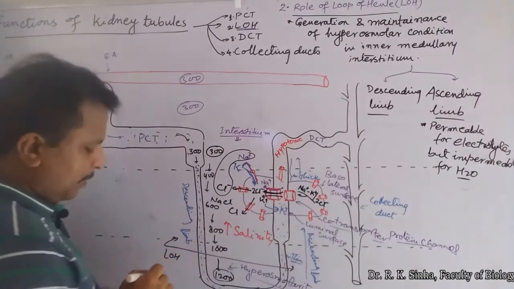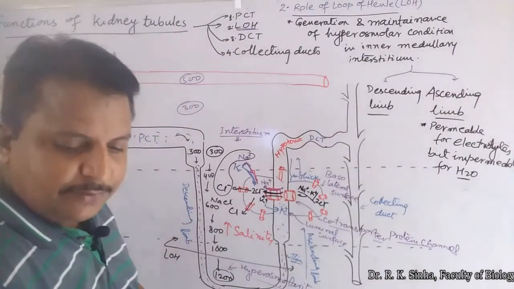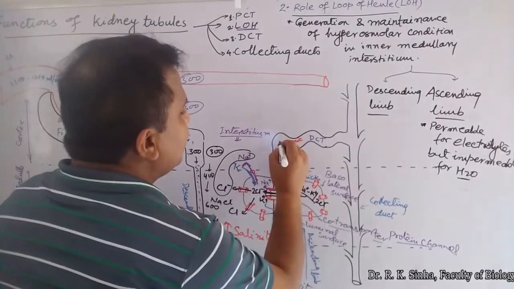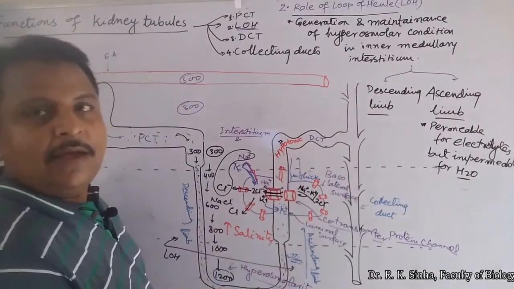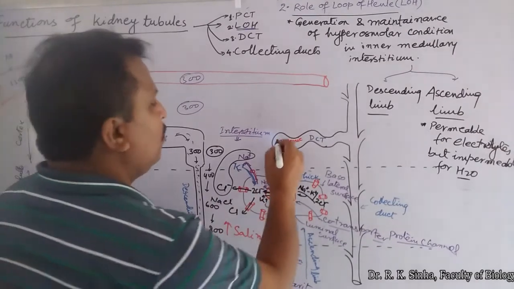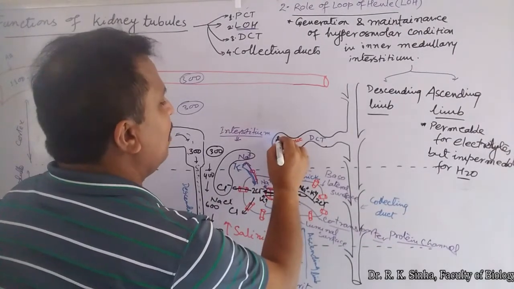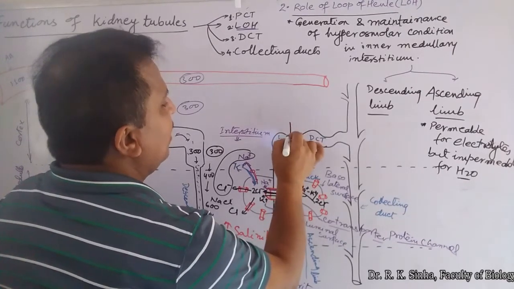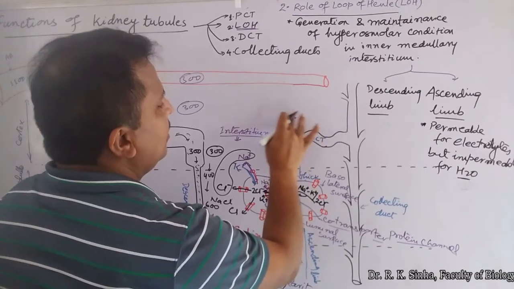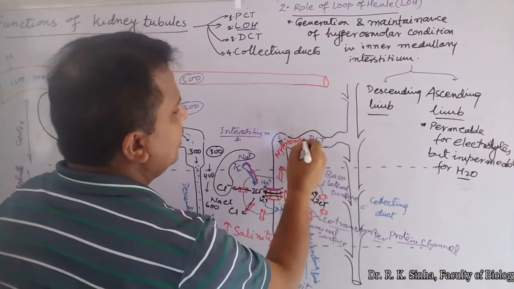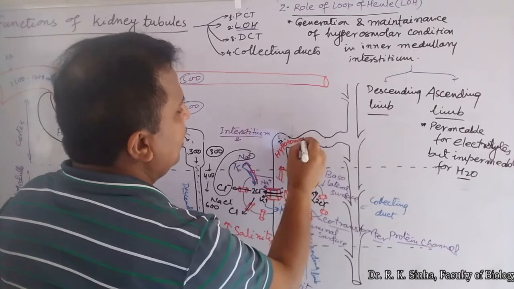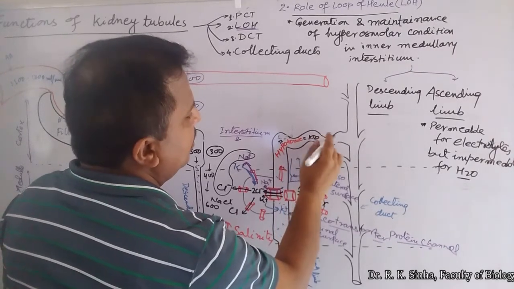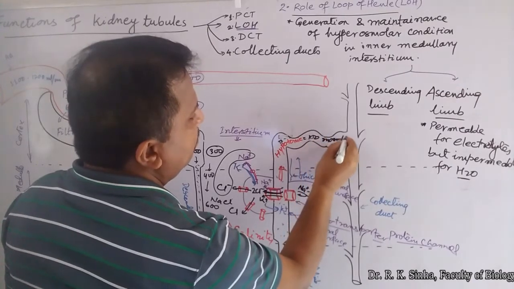So here there will be a hypotonic solution. What will be the amount of solute present in a unit volume of the filtrate? Here the solute concentration will turn into 100 to 200 milliosmol per liter.